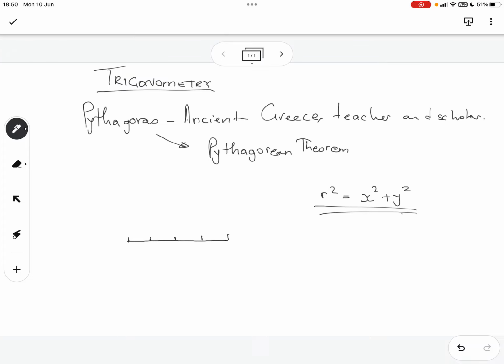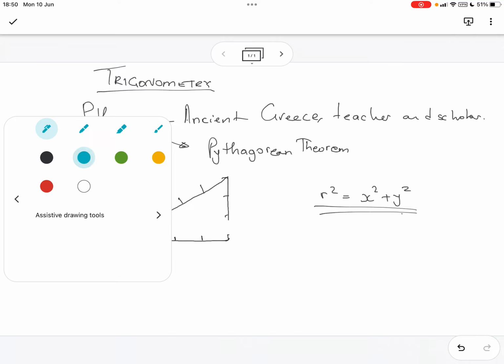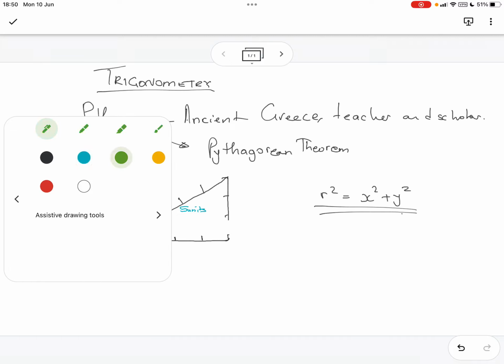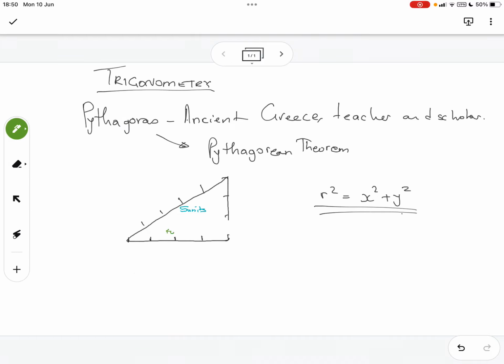I'll make this 4: 1, 2, 3, 4. So that's 4 units. And then going up would be 1, 2, 3. So then this would be 5: 1, 2, 3, 4, 5.